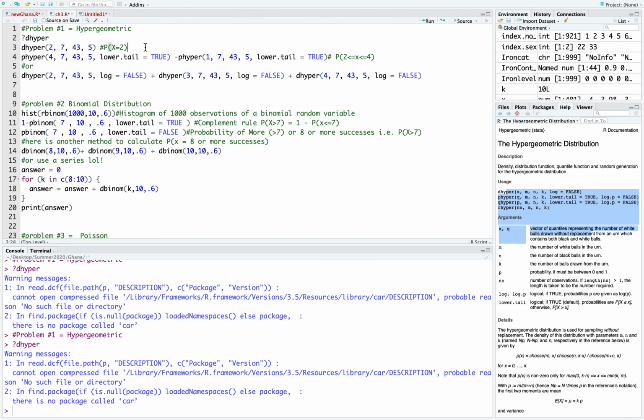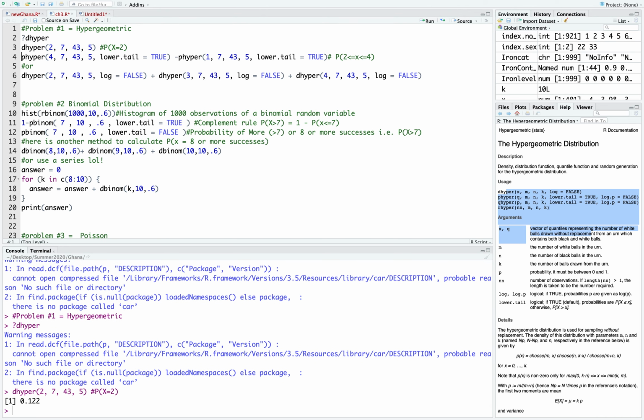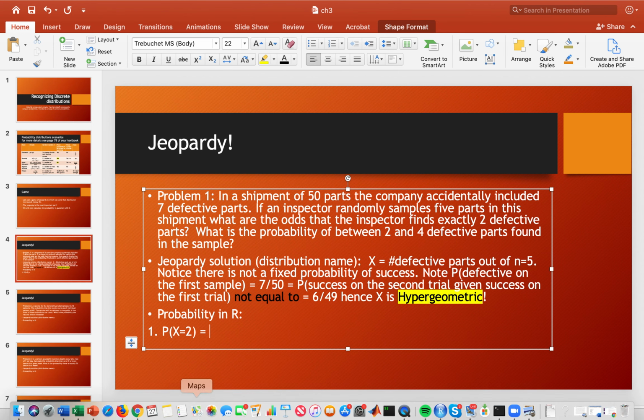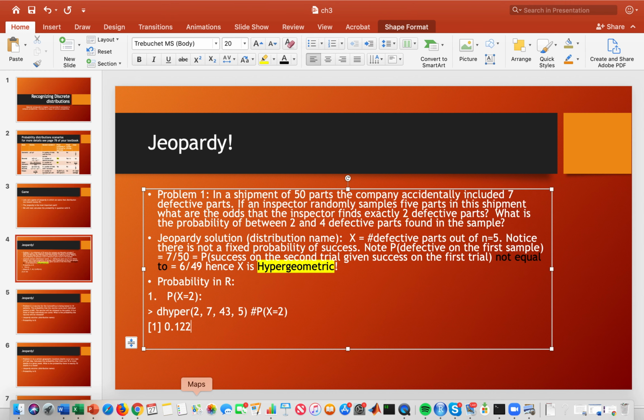Okay, so if I want to compute this probability, it's equal to 0.112. So let's copy and paste that into the document. And that's our solution.